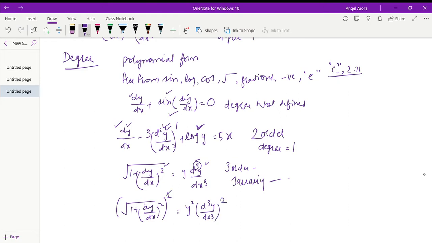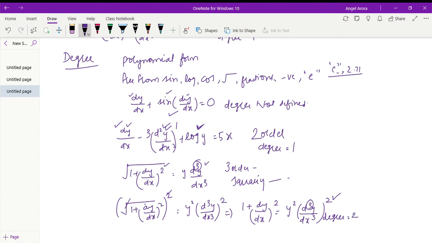So the square root sign is cancelled, and this gives us polynomial form of the terms involving derivatives, so d cube y upon dx cube squared. In this case, the degree will be 2, because the power of the highest order derivative, which is of third order, is 2.